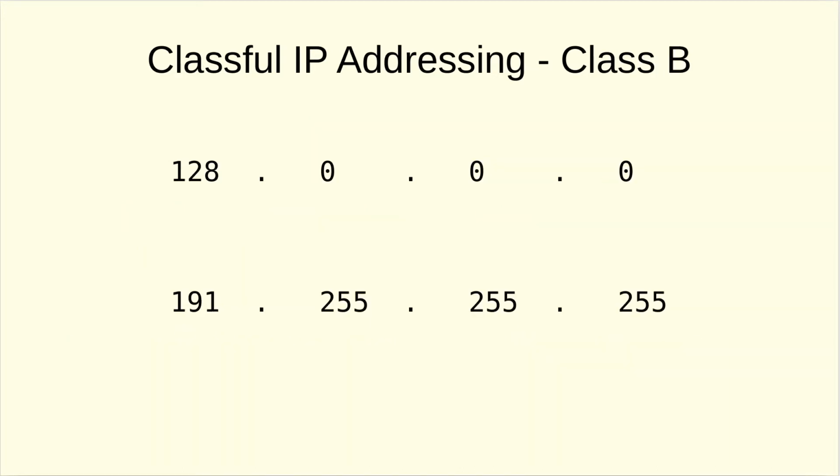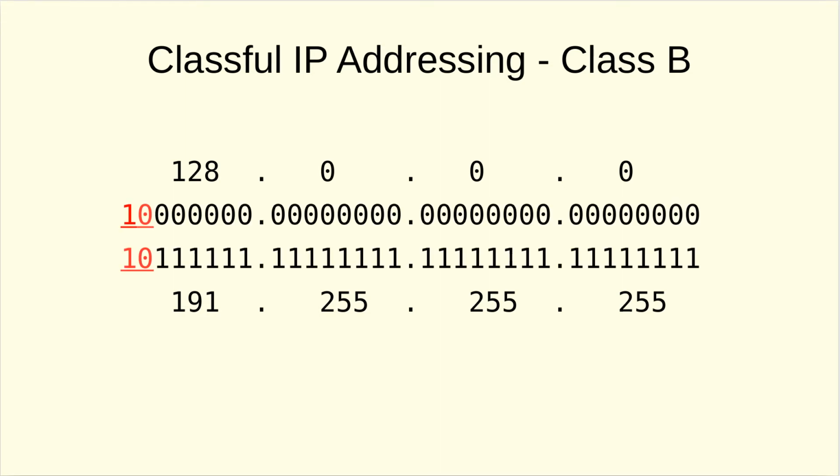Moving on, the Class B address starts at 128, where the Class A is finished. And it goes from 128.0.0.0 to 191.255.255.255. We'll speed up a little bit now. You can see the pattern. It starts with a 1 and a 0. If it starts with a 1 and a 0, it will be a Class B address. And that's why we have the numbers 128 to 191.